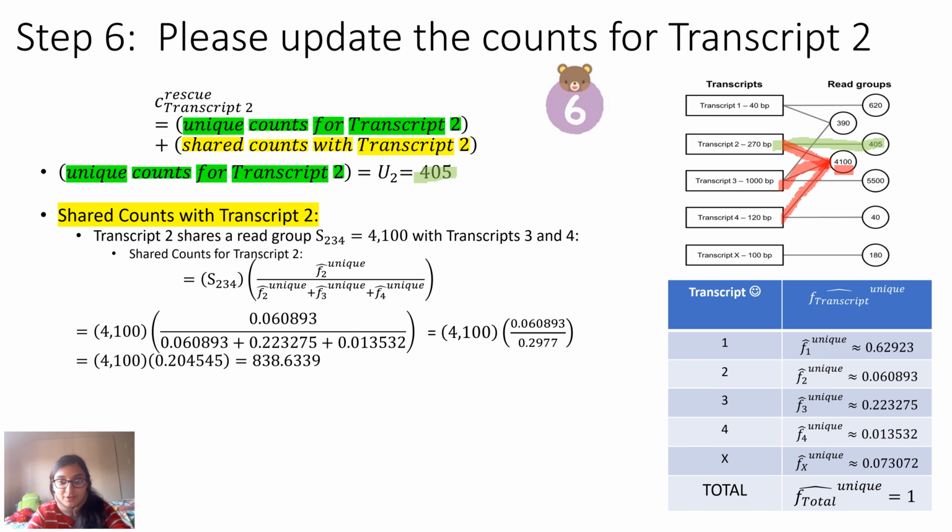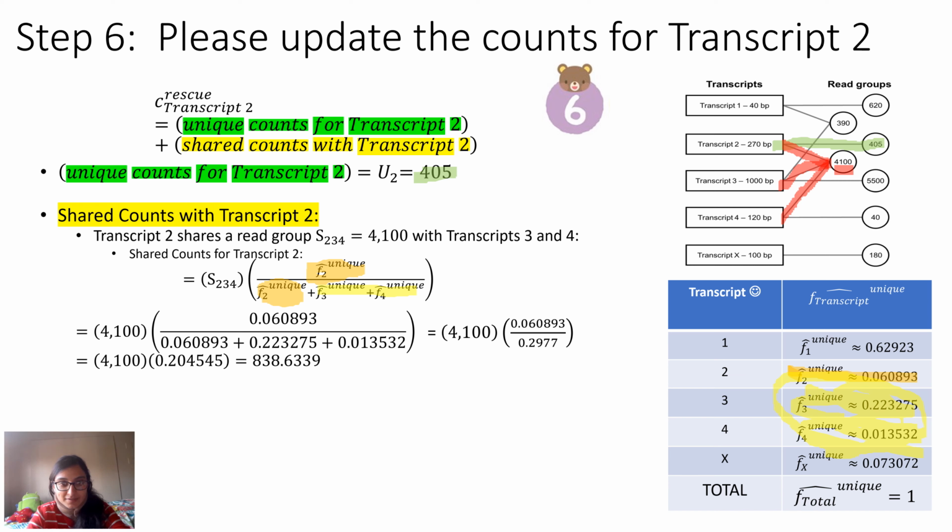The numerator part here, this F2 unique part, will be here, and then it's also coming here again. And the other parts that it's sharing with are just going to be these unique parts here. We're just going to take these values right here, and that's what we will put here.